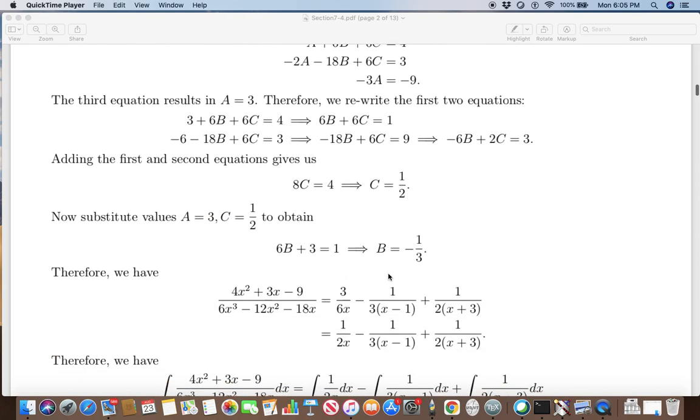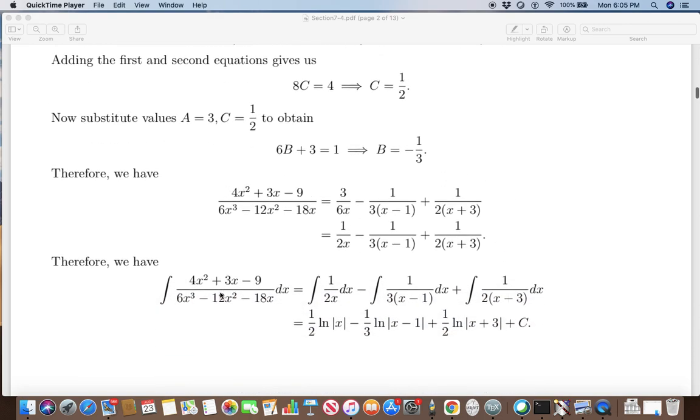Once you have your a, b, c, you substitute, the integral of this is the integral of these. Each term, notice linear denominator implies you get natural log. Natural log, constant of integration, and don't forget these coefficients continue.